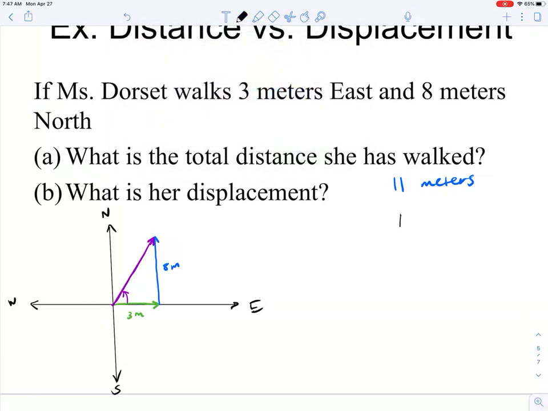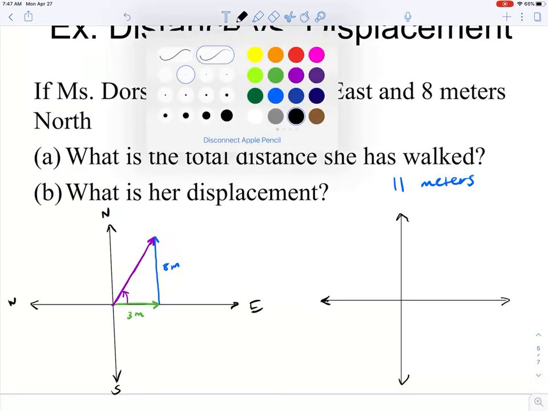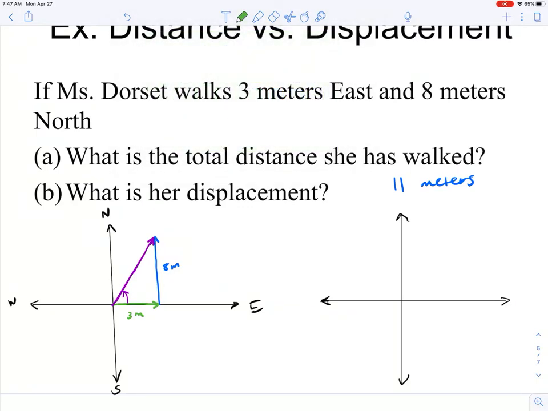To find what that displacement vector is so that we can find the magnitude and the direction of that vector, I suggest drawing another picture, which would then allow us to add the vectors using the parallelogram method.